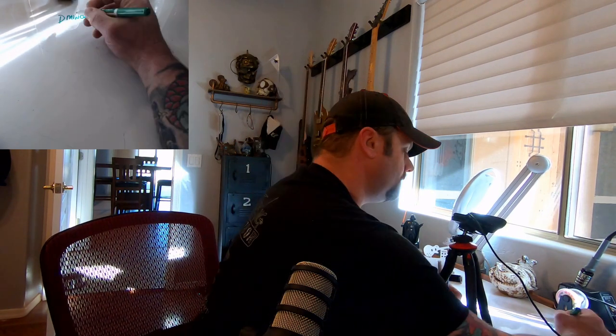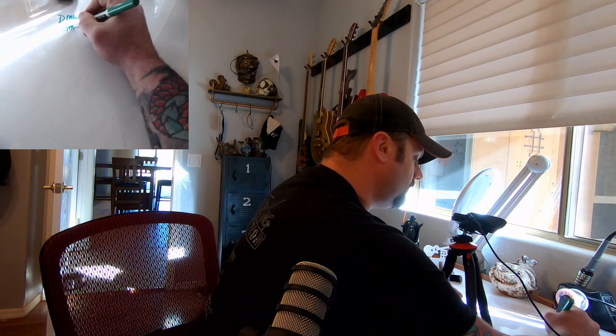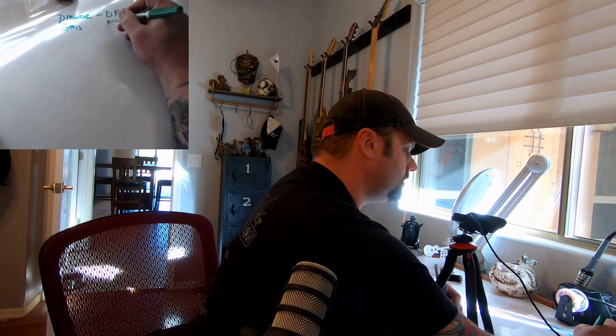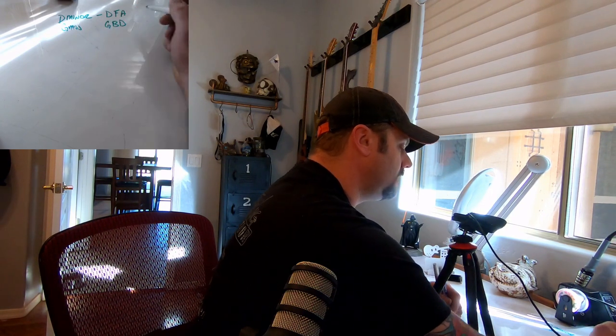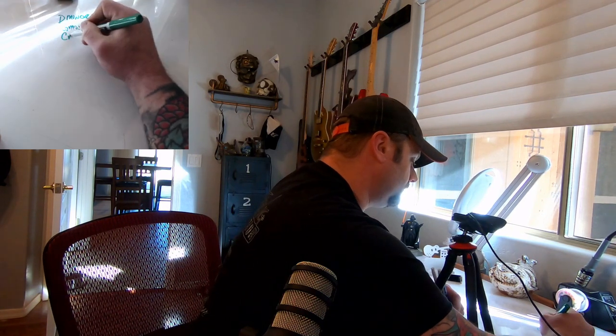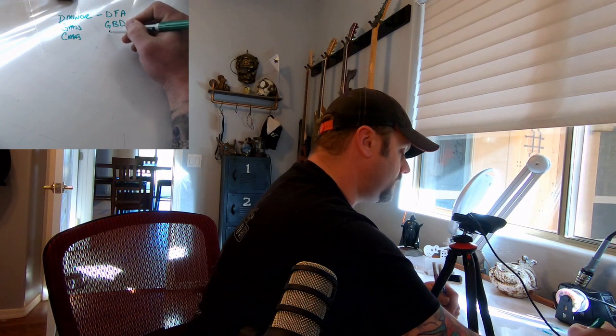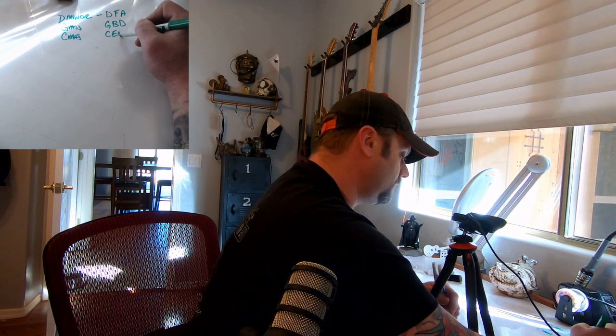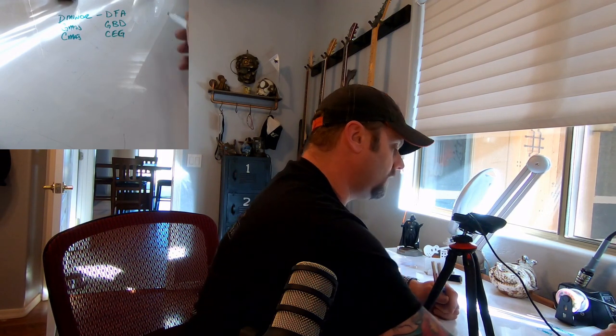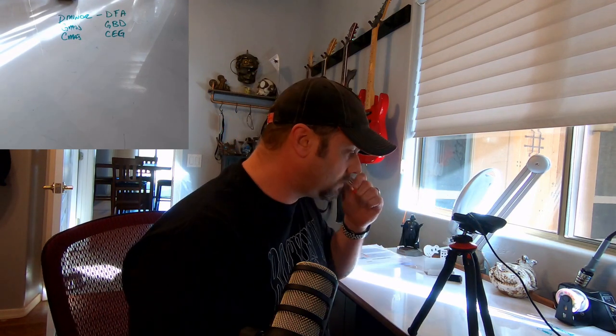So within that song, there's a G major chord. So that's G, B, D. There is a C major chord, which is C, E, and G, right? This is where learning your triads is very important. Remember that.